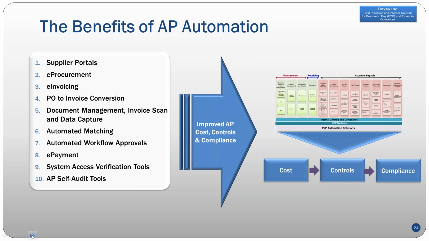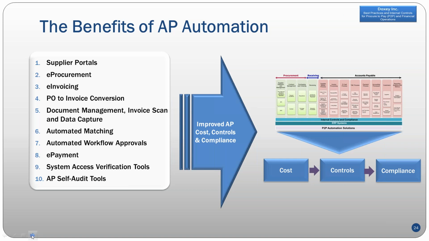Automated matching. We know three-way match is always a challenge in any accounts payable process, but automating that matching is certainly a way to help the process as well as prevent duplicates. Automated workflow approvals avoid having invoices captured manually, and let you approve them with a systematic approach. Then e-payment and system access verification tools.